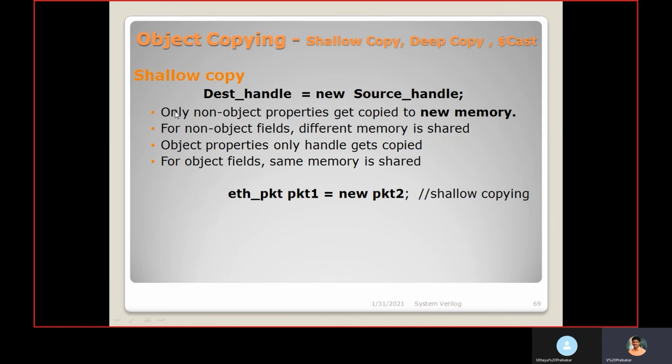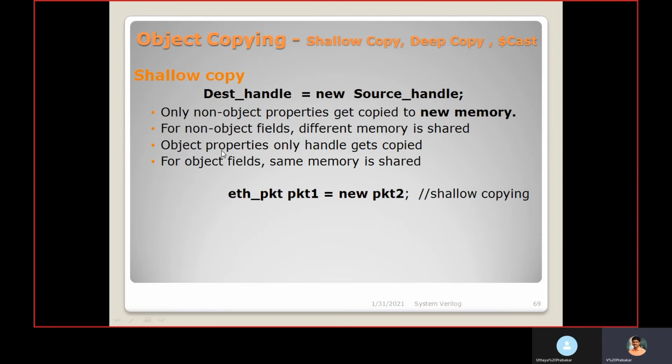Here we have certain limitations: we can only copy non-object properties to the new memory location. Non-object properties means normal properties. Object properties are nested objects, where we instantiate another class within this class.